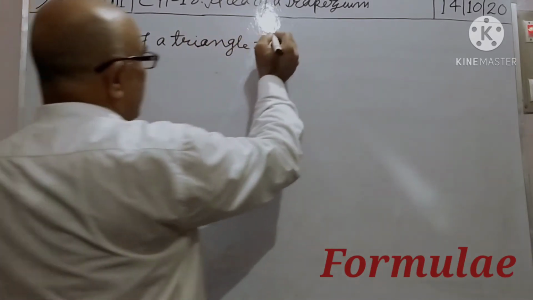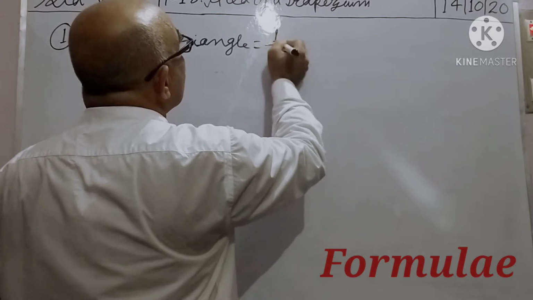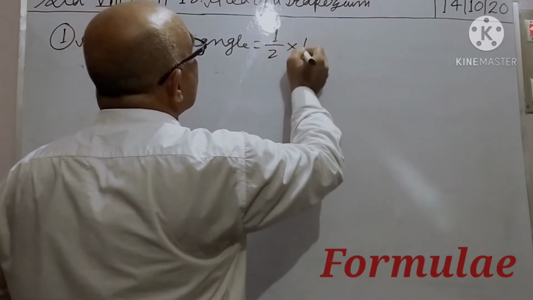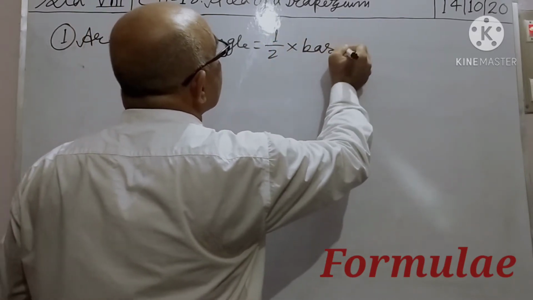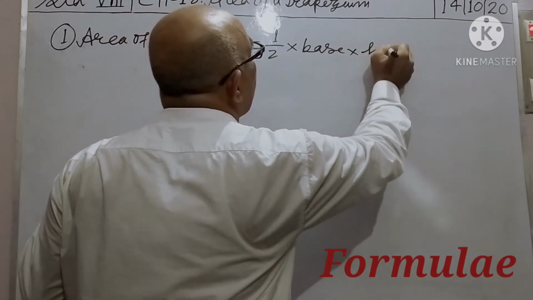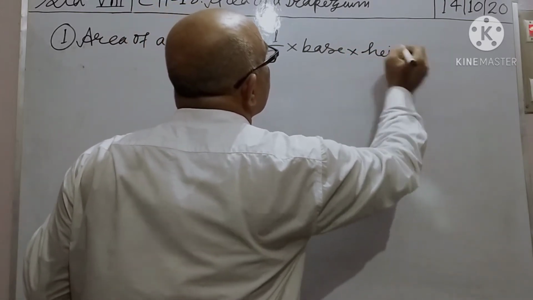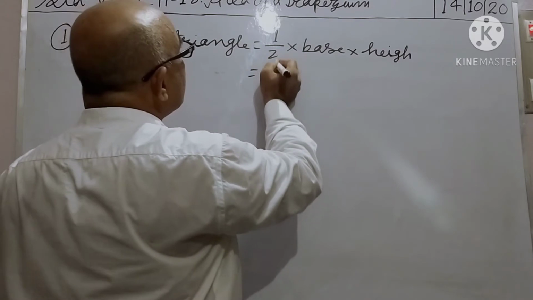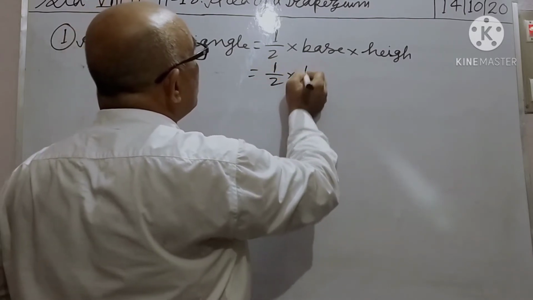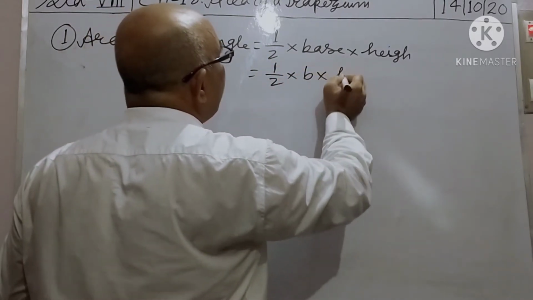Area of a triangle equals 1 by 2 into base into height. In short form, it is 1 by 2 into b into h.